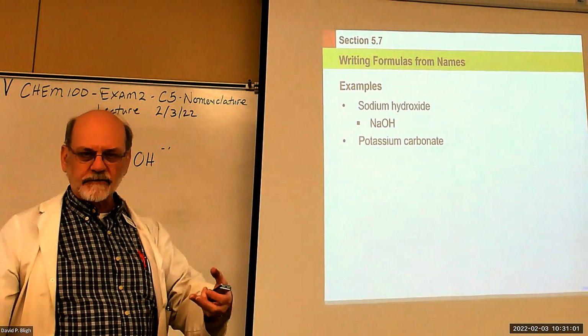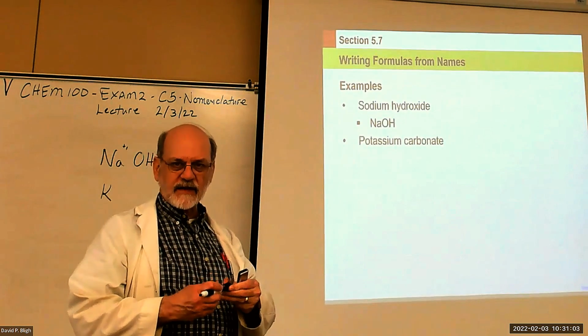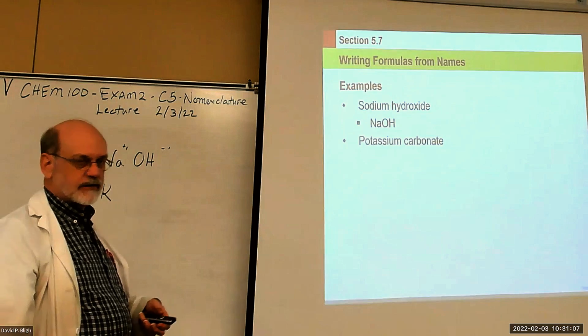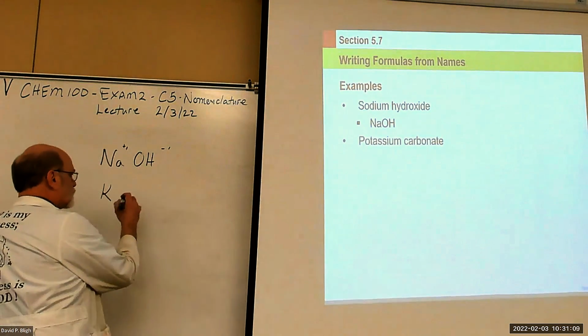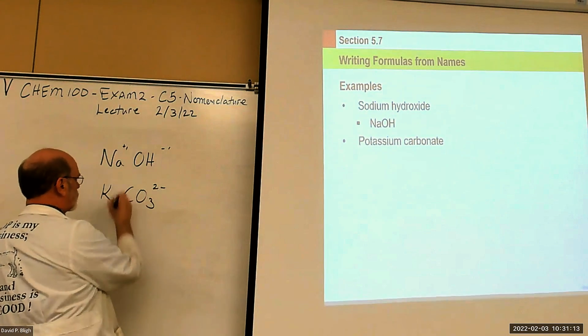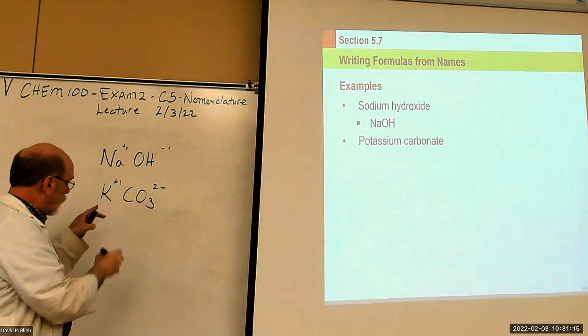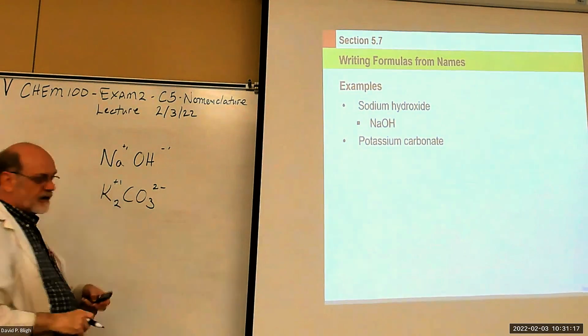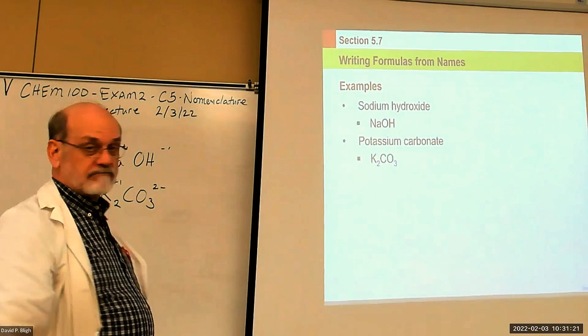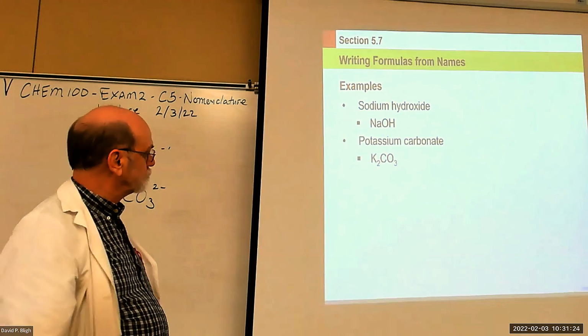That's grandfathered in from alchemist days. ATE means oxygen's present. Well, ITE does too. But you look up your carbonate, and it's this one, right? +1 here. So we know that we need 2 of these. So K2CO3 should be the correct formula.